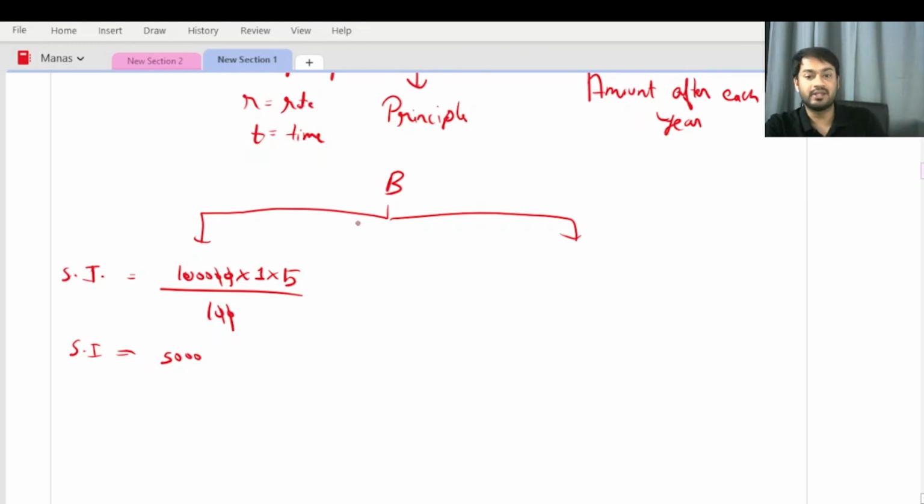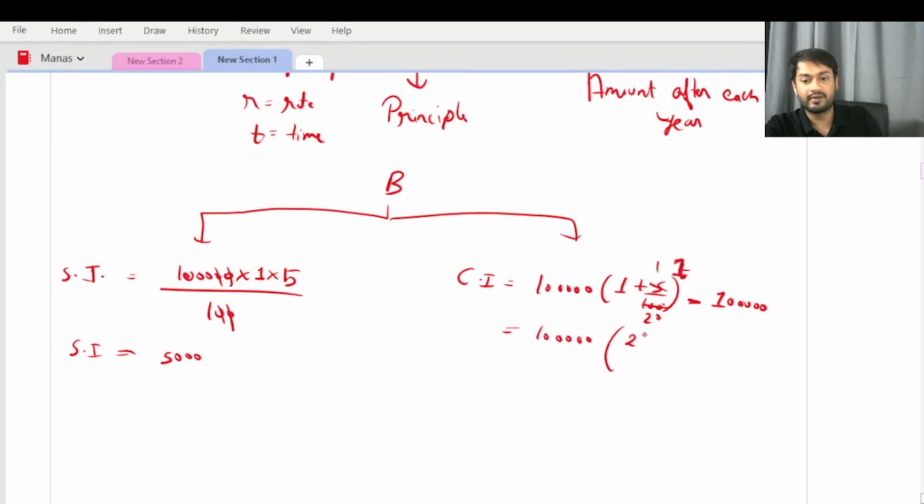So here if I calculate the compound interest using the formula, that is 1 lakh bracket 1 plus 5, the rate of interest, upon 100, to the power of time. Time is 1 year right now, because we are taking the loan for 1 year, minus the principal amount. So you will get 5 times 1, and then this will be 20. If you take the LCM, it will be 21 upon 20 minus 1.